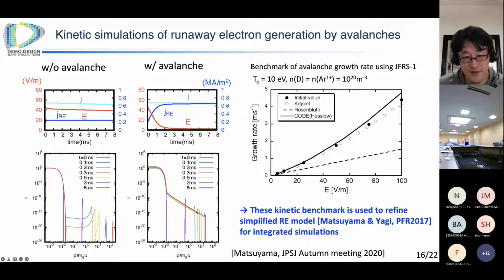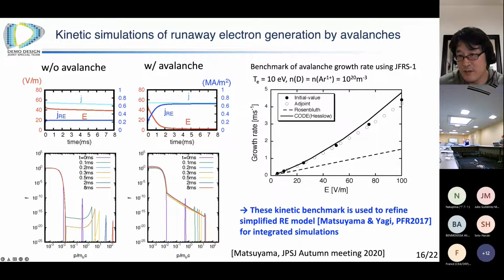And the growth rate of this tail is a very important quantity to characterize the runaway generation in ITER. The right figure shows the benchmark of the avalanche growth rate using JFRS-1 as a function of the electric field. This dashed line is the classical Rosenbluth-Putvinski formula. Recently, a more refined formula has been proposed taking into account the atomic processes between the relativistic electrons and the partially ionized ions. You can see that these black and white points are our calculation based on the kinetic code.